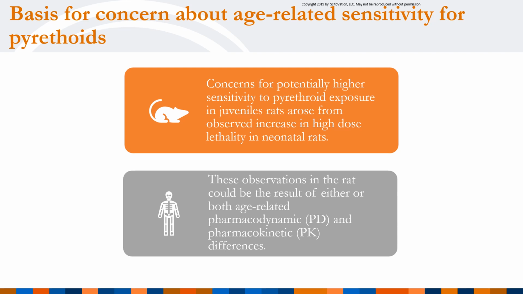So the hypothesis was that juvenile rats have limited metabolic capacity that is largely responsible for the elevated internal exposure and increased neurotoxic effects of deltamethrin following the high pyrethroid doses in rodent toxicity studies. But this still led to concern over potential differences in sensitivity between children and adults to pyrethroid neurotoxicity in humans.